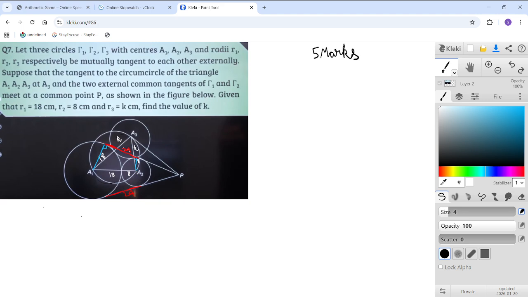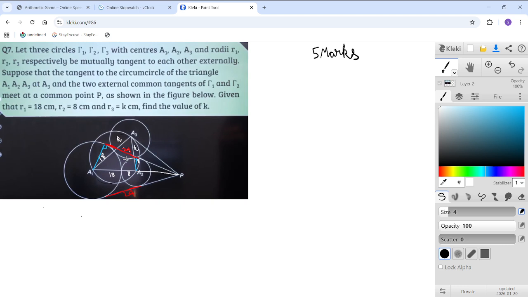So let's have the lines joining the centers. Not exactly a straight line, but you get the point. Now I say we can use similarity.